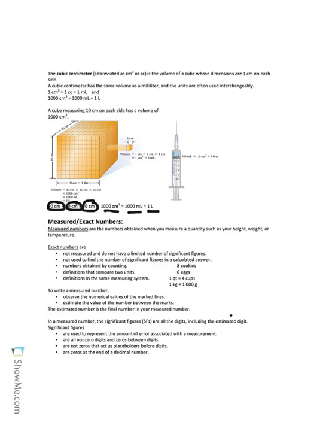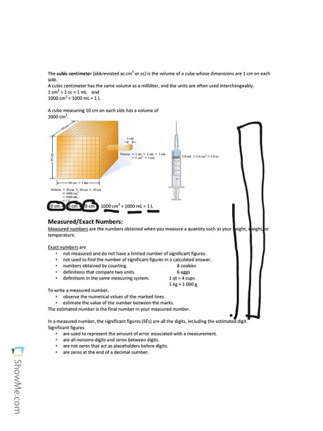So for example, if you were going to measure the length of a string, looking at your ruler, you can say it is more than 3, but less than 4.